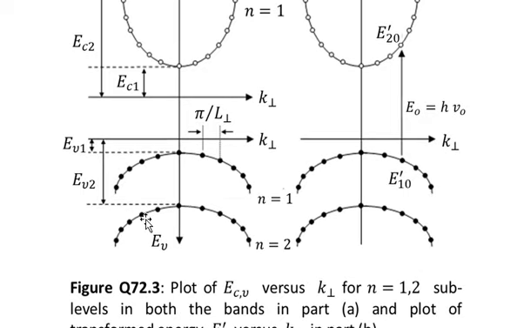The solid dots in the valence band along the parabolas represent the possible states which are occupied.